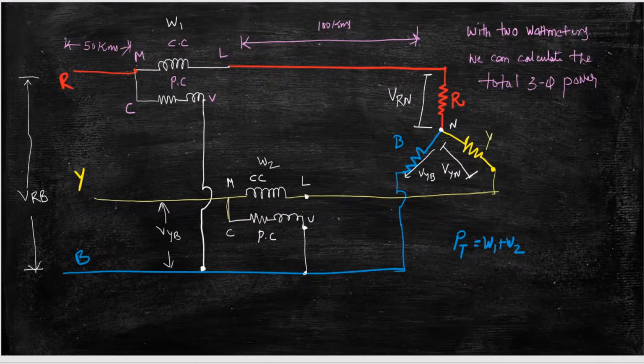Now, if this is the current in R phase, listen carefully, very important. And this is Y phase. The angle between IR and IY is 120 degrees.